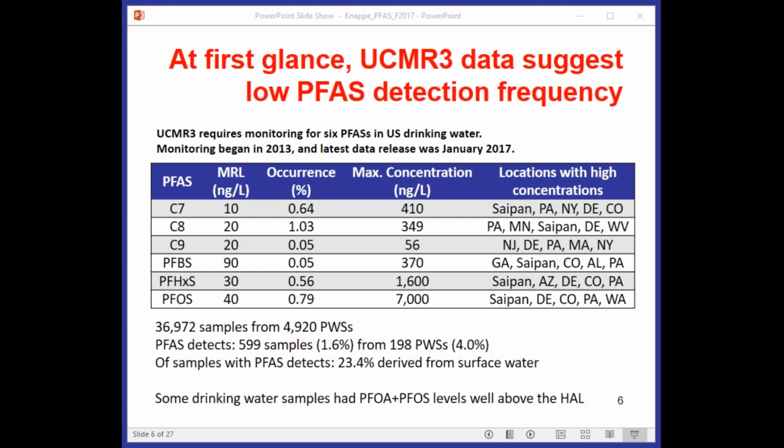If you look at individual PFASs, the ones that are most prevalent are PFOA or C8 at 1% of all samples, and PFOS at 0.8%. And then next were the heptanoic acid and the hexane sulfonate. And the C9 and the butane sulfonate were only detected in a very few systems. And I'm showing here locations where some of the highest concentrations were.